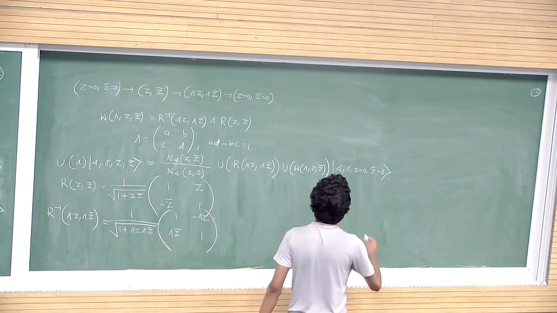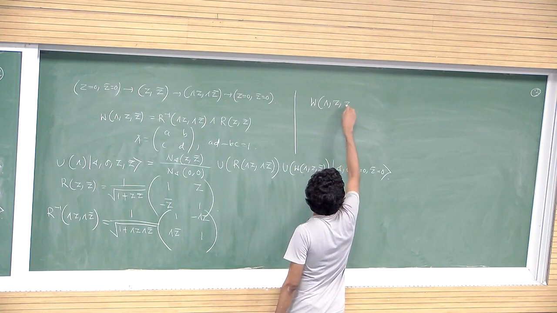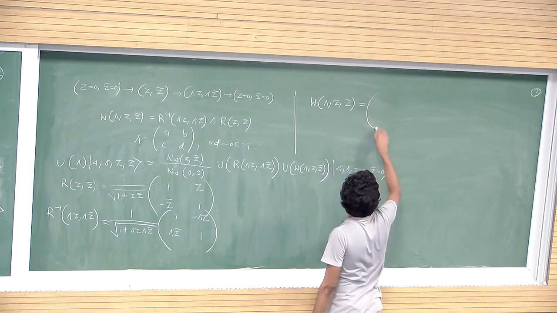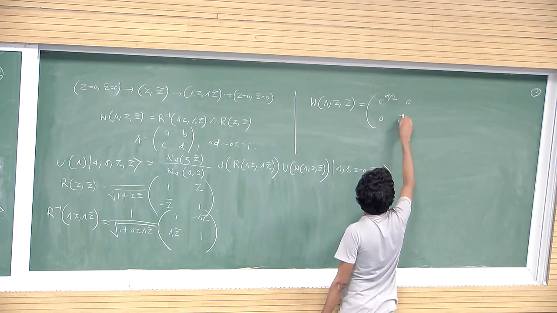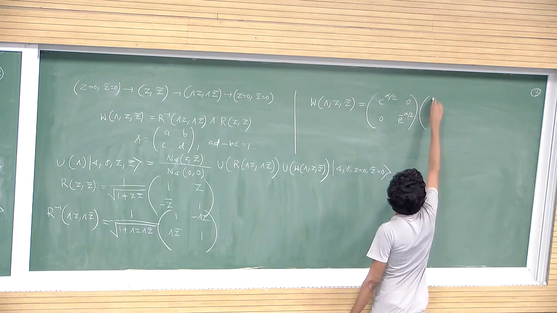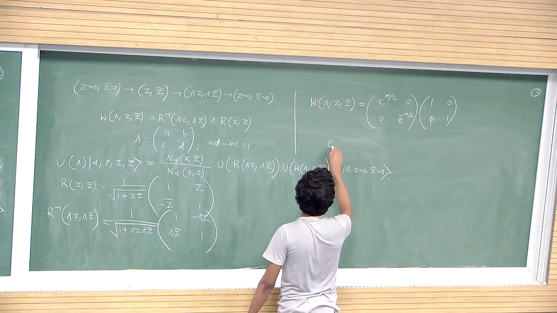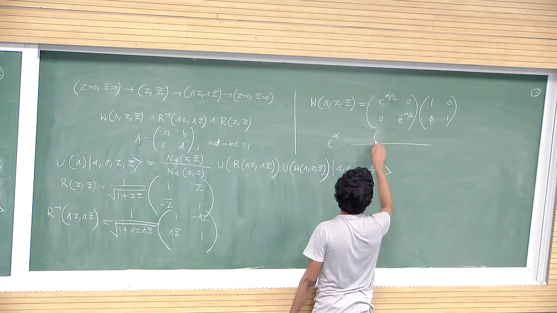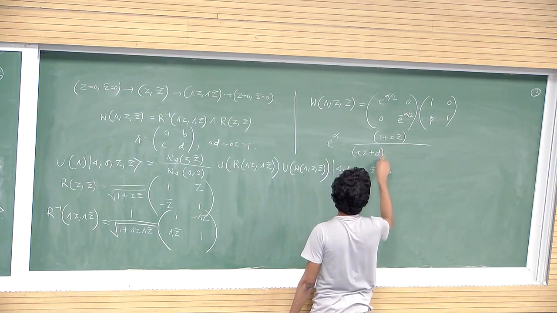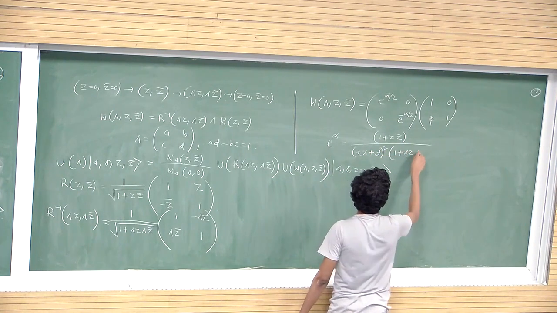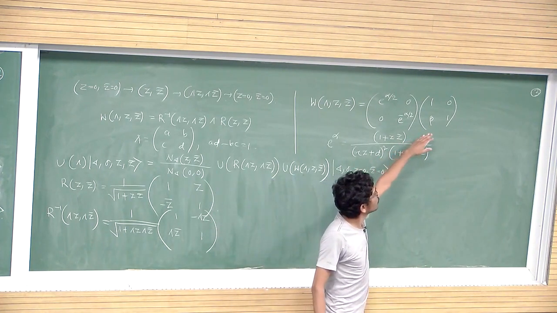Okay. So this W will look like something like this: the diagonal matrix e to the alpha by 2, 0; 0, e to the minus alpha by 2, times the matrix 1, 0; beta, 1, where e to the alpha is now given by 1 plus z bar by cz plus d squared, times 1 plus lambda z bar. The explicit form of this beta is not required.